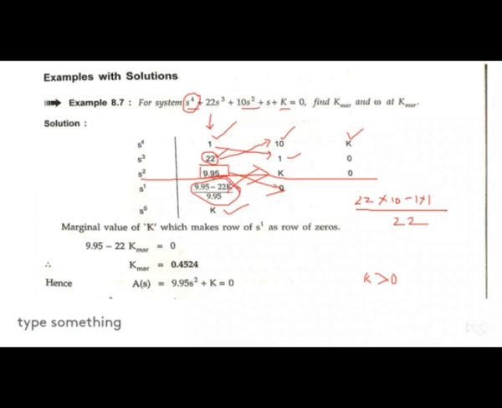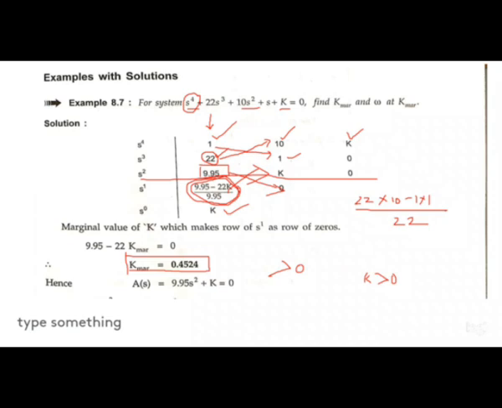Then one more thing, we take this as a reference: 9.95 minus 22K divided by 9.95 should be greater than 0. If you calculate that, you get the K marginal value as 0.4524. If you substitute 0.4524, this becomes 0.